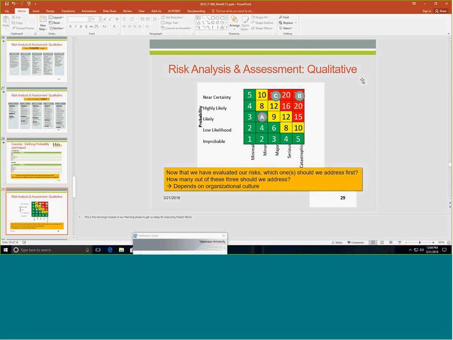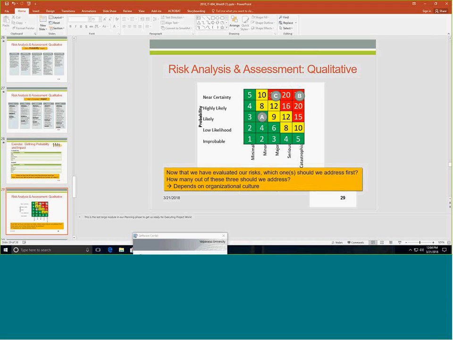Some organizations, most in fact, assign colors to the areas that they consider high priority for mitigation. That's typically red.